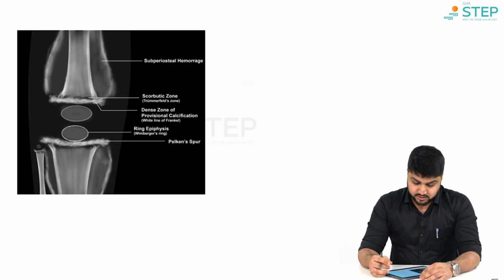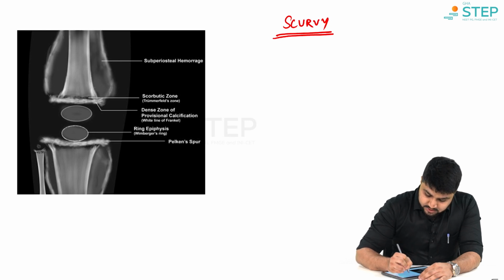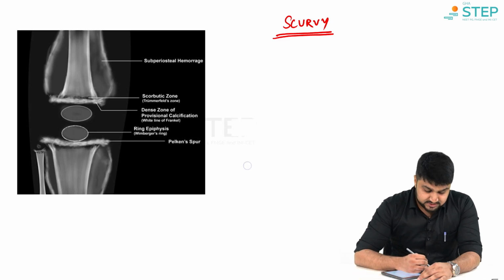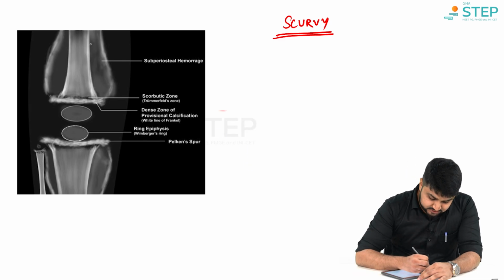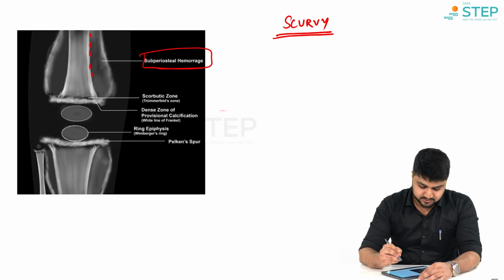Now, let us go over another important concept, the radiological features in vitamin C and vitamin D deficiency. Vitamin C deficiency is also known as scurvy. Let us go through the important radiological findings in scurvy. In vitamin C deficiency, there is definitely a tendency for bleeding. The periosteal capillaries usually undergo spontaneous rupture and bleeding to result in subperiosteal hemorrhages.